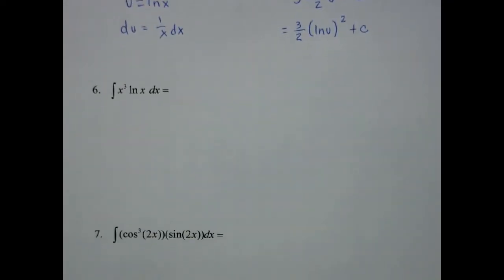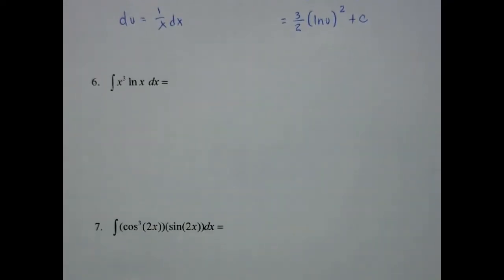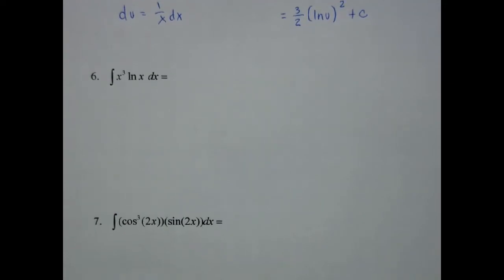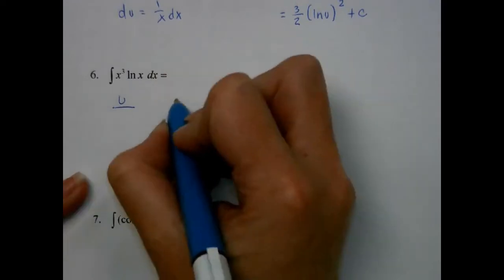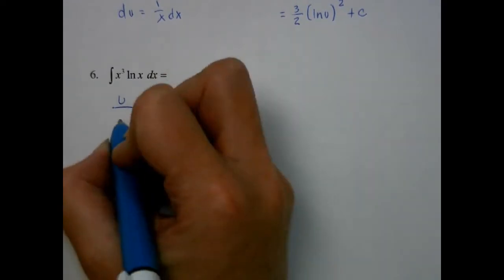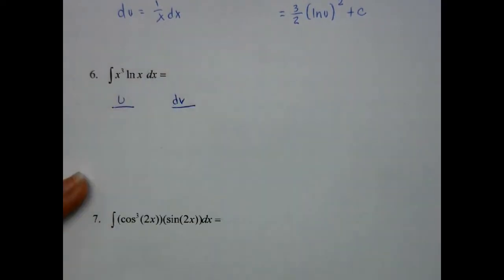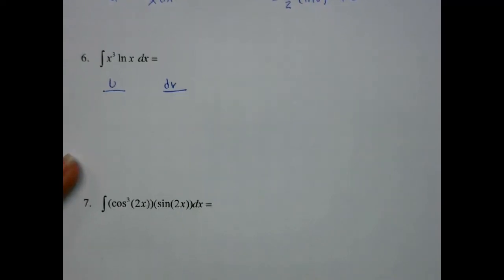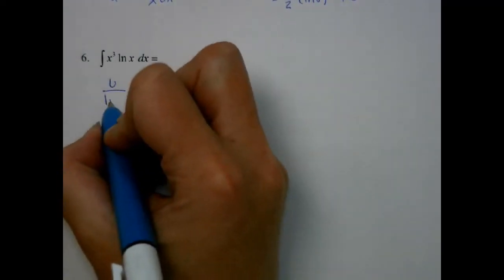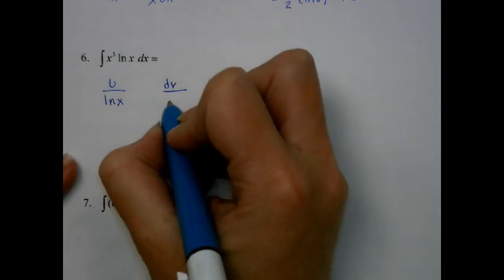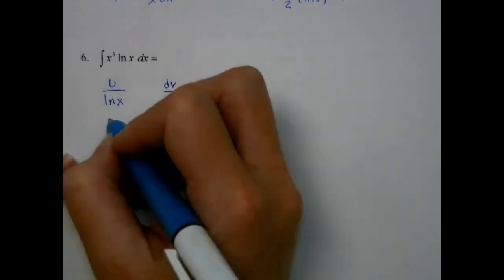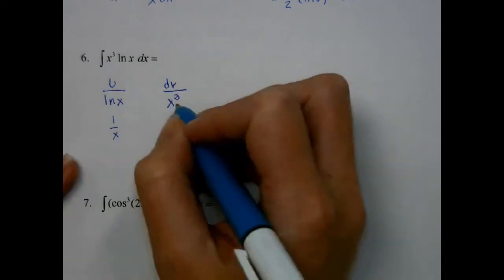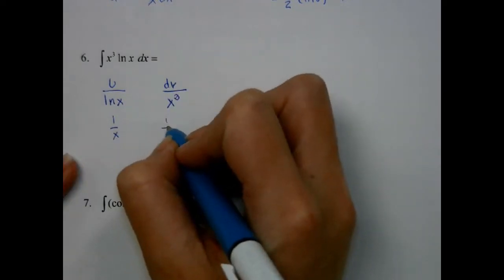This one, we again have a product. Our mnemonic for deciding u is log poets. We use logs to help us out. Because the derivative of log is 1 over x. The integral here is going to be 1/4 x to the 4th.